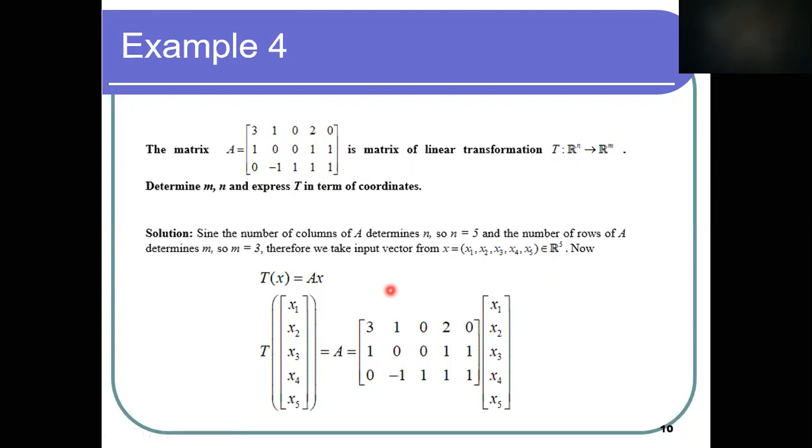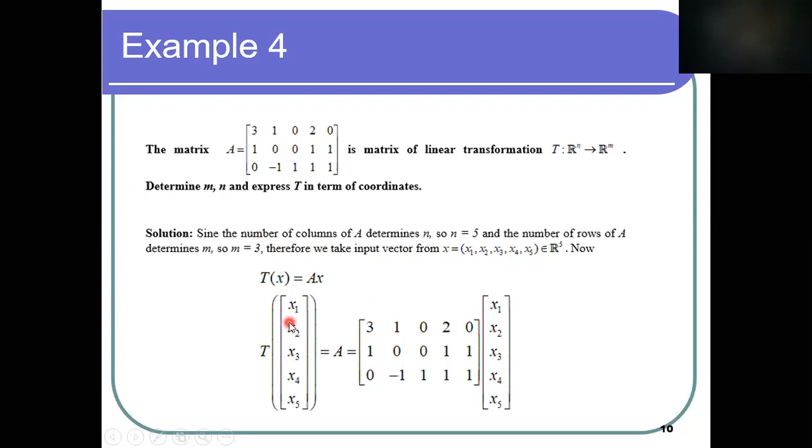Secondly, we have to express T in terms of coordinates. So T of x is A into x, because this is a linear transformation. So I have to take T of x equal to A into x. My input belongs to R5 and my output is R3.